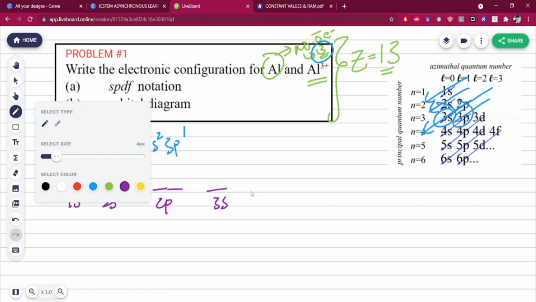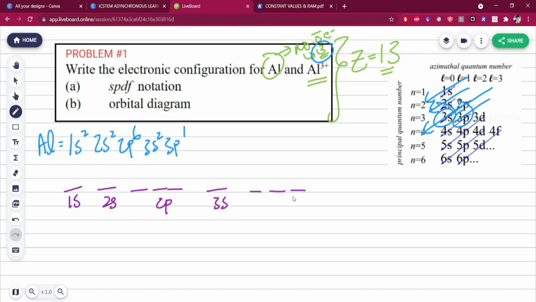And you have 3p, 1, 2, 3. So you have 2 electrons here, 2 electrons here, 6 electrons right here, and then 2 electrons in 3s2, and 1 electron in 3p1.